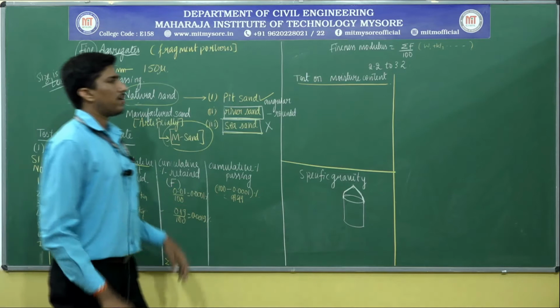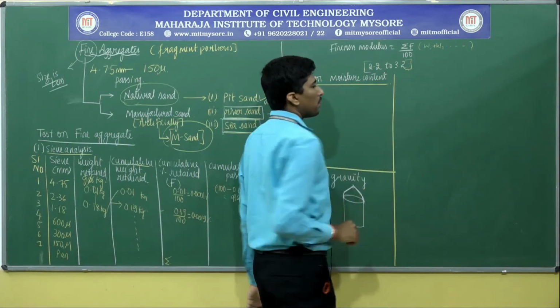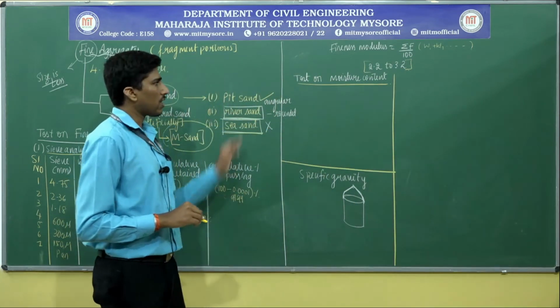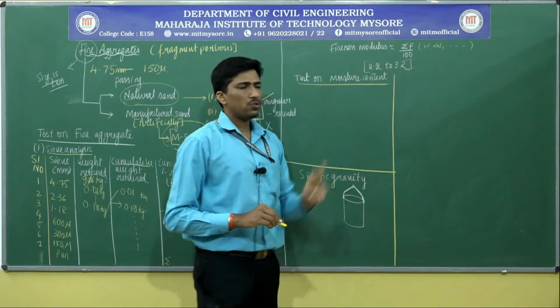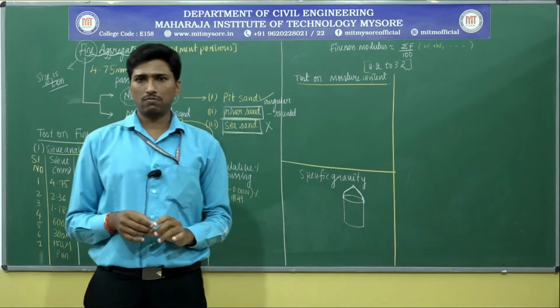The range shall vary from 2.2 to 3.2. This is just an indicator. If the fineness modulus falls between 2.2 and 3.2, the sand is said to be well graded.